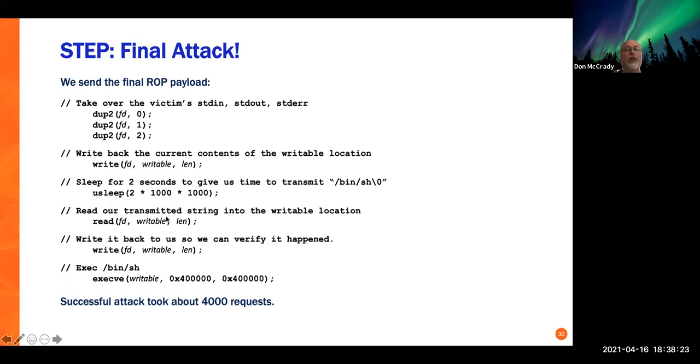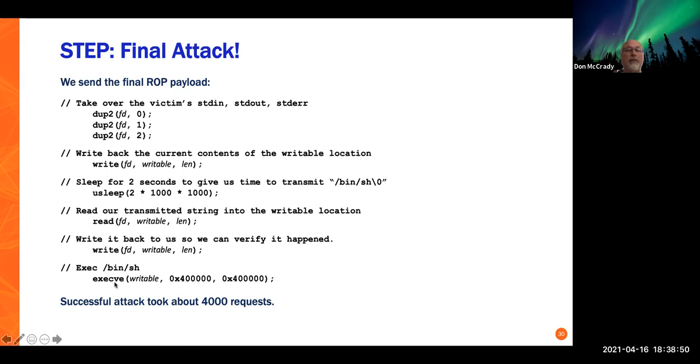Now, when nginx wakes up from its sleep, it's going to read what we transmitted, /bin/sh, into the writable location we found in the ELF file. And we're going to write the location back to us and verify that it contains the string /bin/sh. But nginx isn't going to wait for that either.